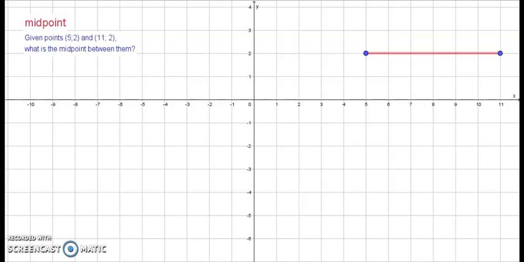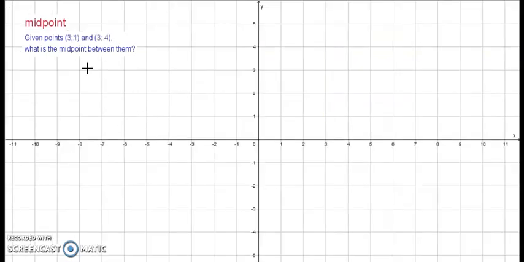What about if we're looking at a perfectly vertical line? Given points (3, 1) and (3, 4), what's the midpoint between them? So first we plot those points, and the line connecting them. We're trying to find the point that's exactly midway between these two.